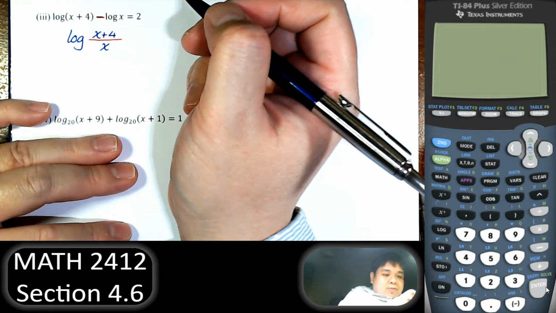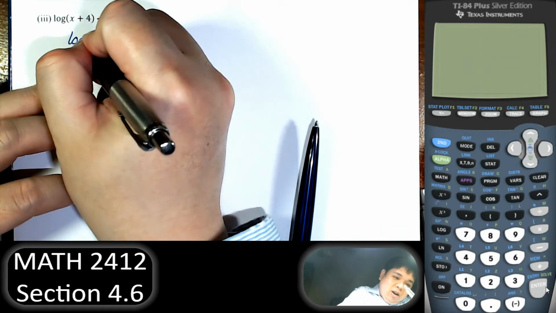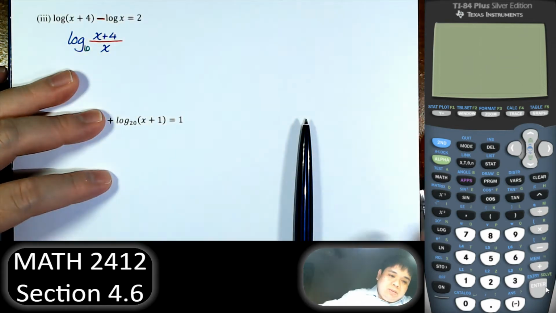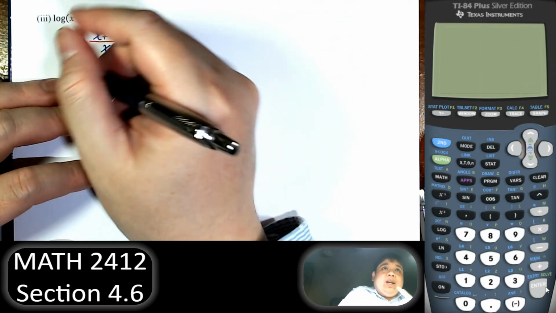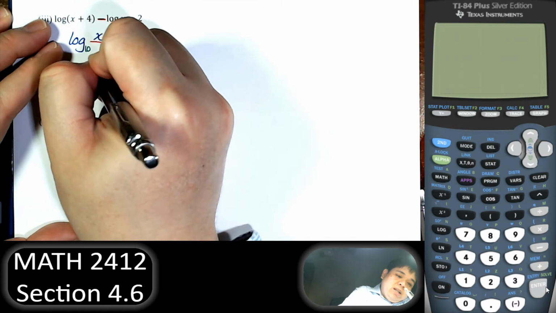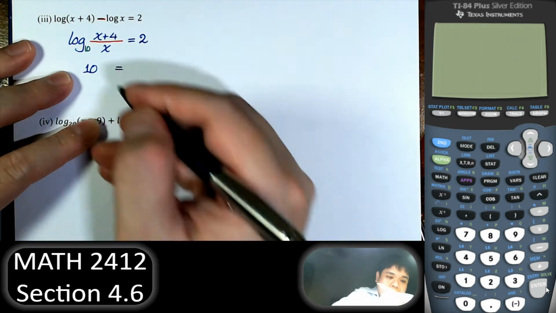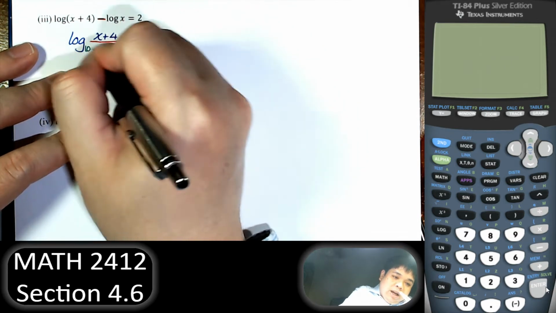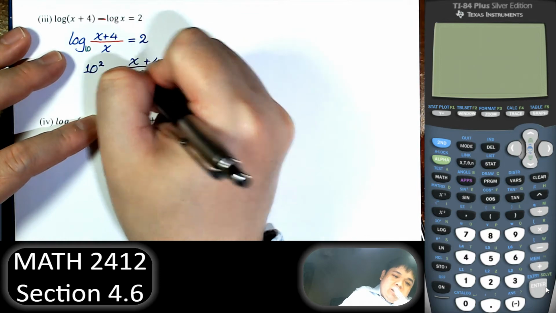This by default is base 10, the common log, base 10. So we have a log equal to a number. We can swap into exponential form. Base is 10, the 2 goes to the other side, and x plus 4 over x goes to the other side.